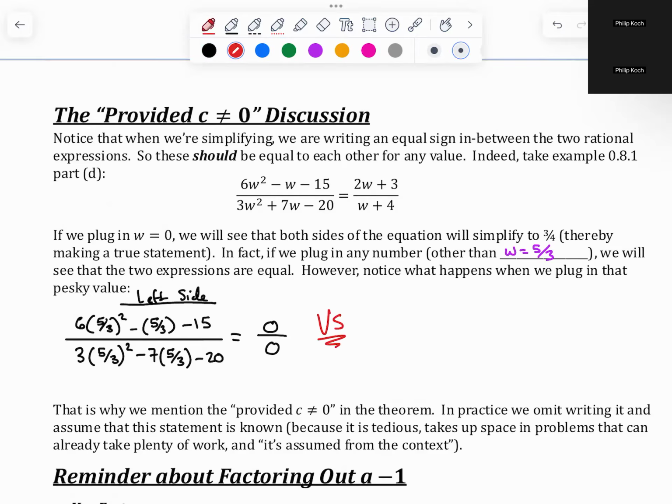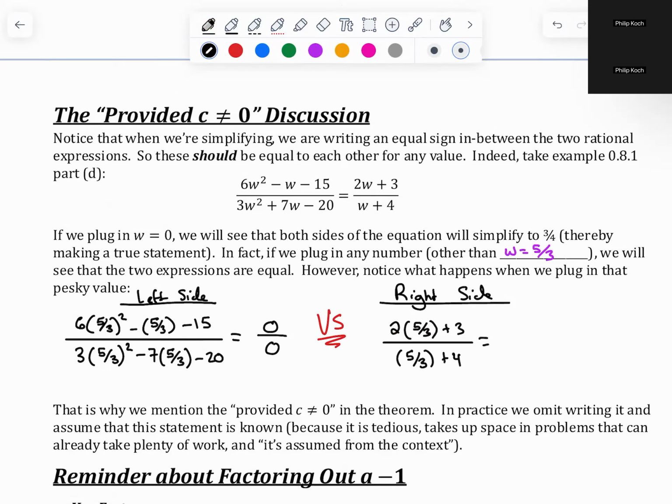versus the right side. The right-hand side, if you plug it in, you get 2 times 5/3 plus 3 over 5/3 plus 4.